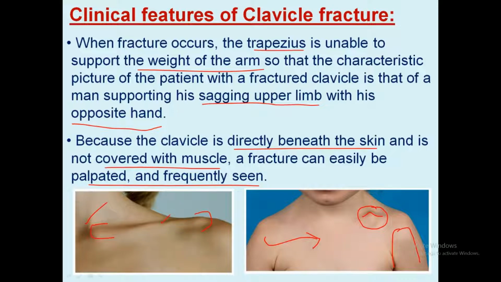We can feel it, if we touch it. So நமக்கு தொட்டா அதை feel பண்ண முடியும். So the bone is not covered with any muscle. And so fracture ஆயிருந்துச்சுன்னா நமக்கு ஈஸியா தெரியும். அதாவது இது மாதிரி வீங்கிருக்கு. That is palpated and it is seen.